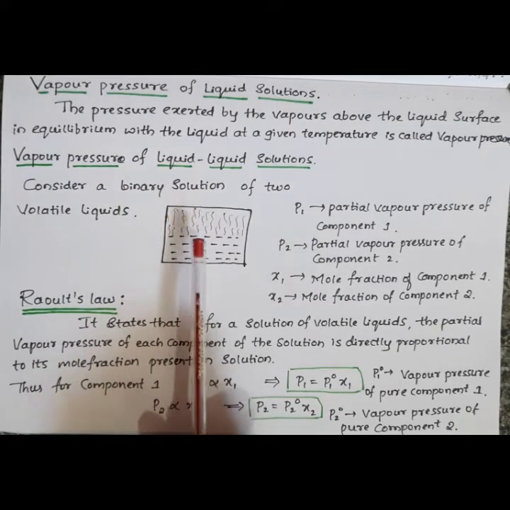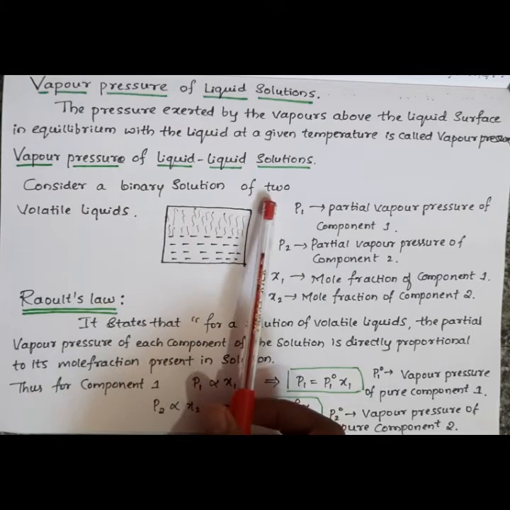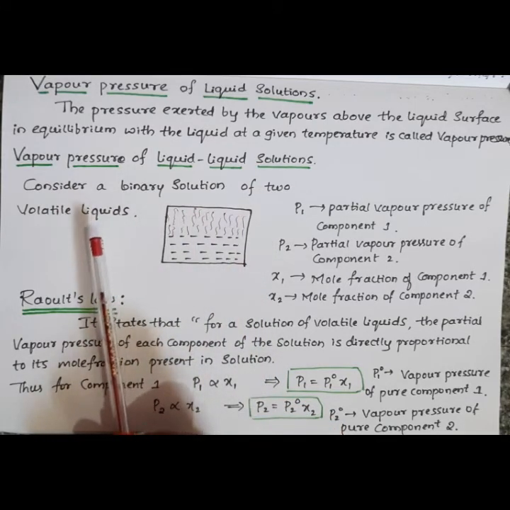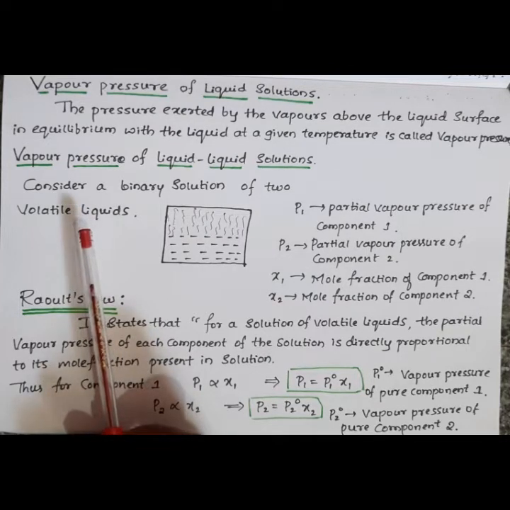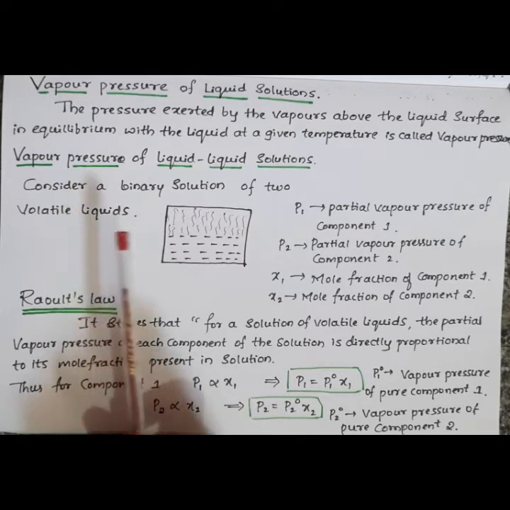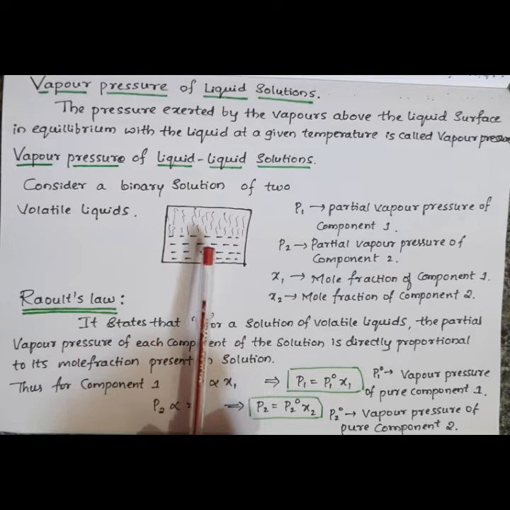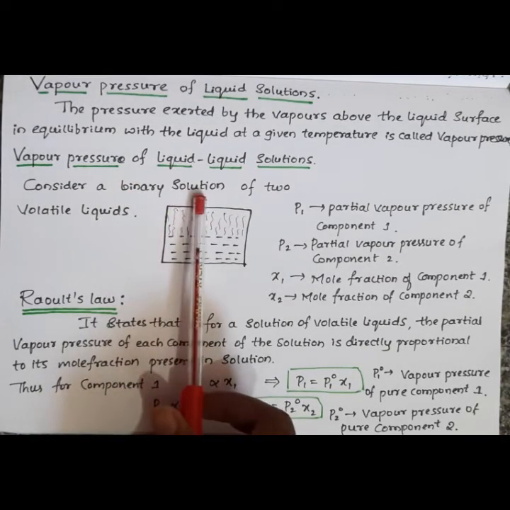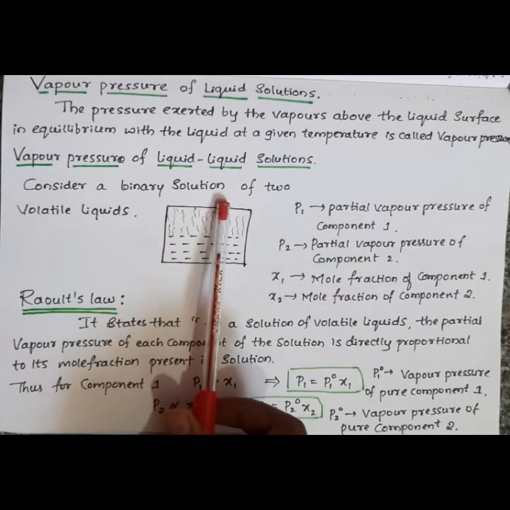For example, consider a binary solution of two volatile liquids. Volatile means they can easily undergo evaporation, so such liquids are said to be volatile liquids. Since two volatile liquids are taken, it is considered a binary solution.